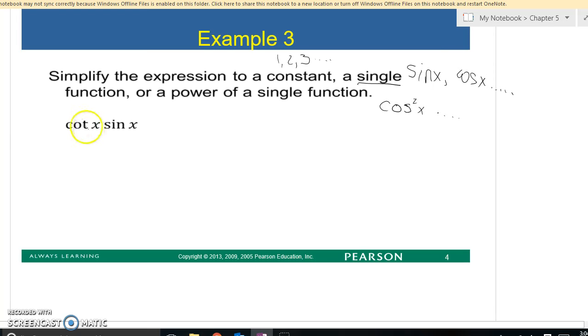So on this one, when you're looking at it, you're going to want to change cotangent into cosine over sine. You've still got a sine here, and you notice those cancel, leaving you just cosine x. So that's fancy.